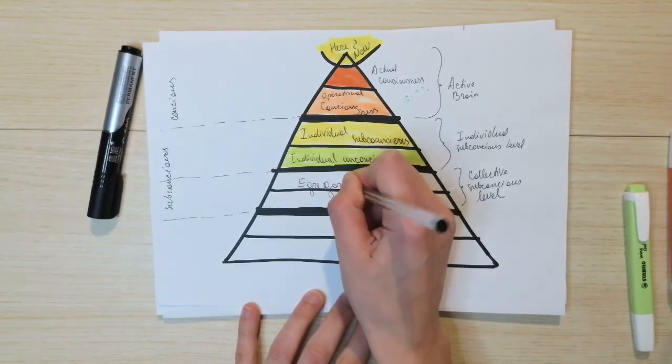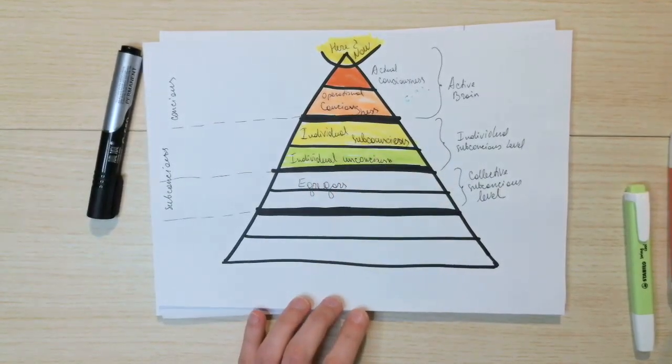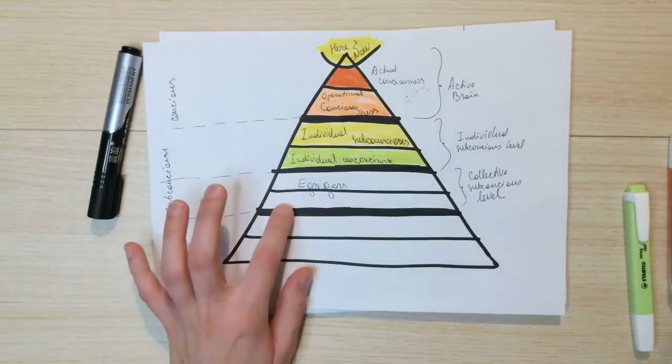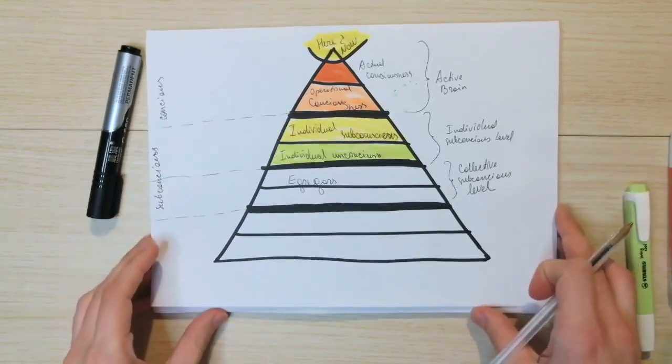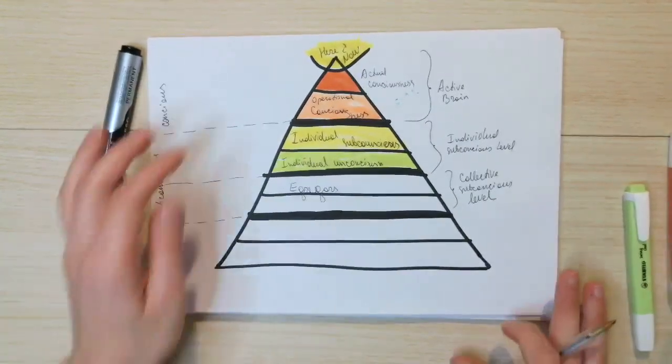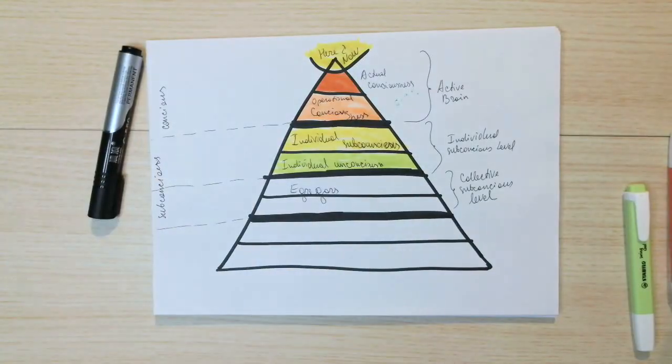Egregor. Okay, this might sound a bit mystical and you might not understand what this is. You might hear this word for the first time. But once you understand it, you'll realize that you actually interact with egregores every single day of your life. So, let me read the definition of an egregor.